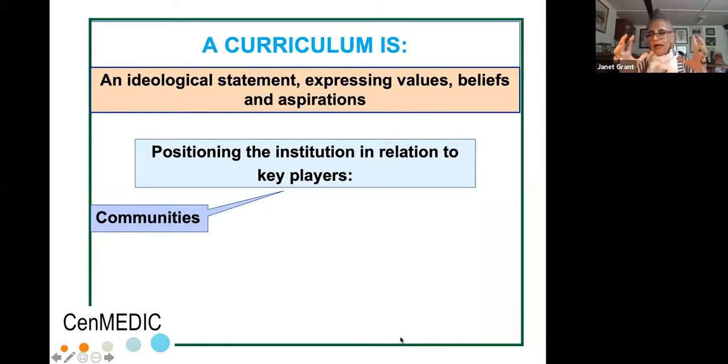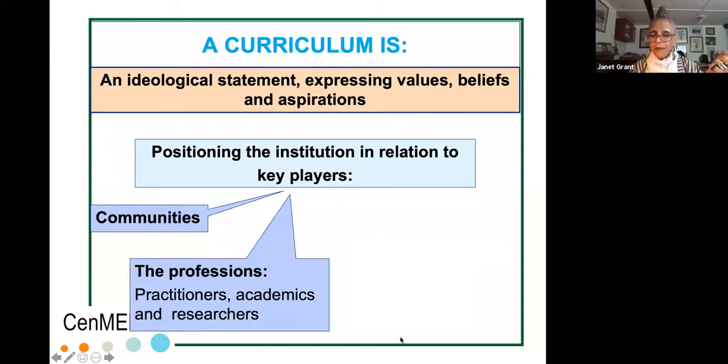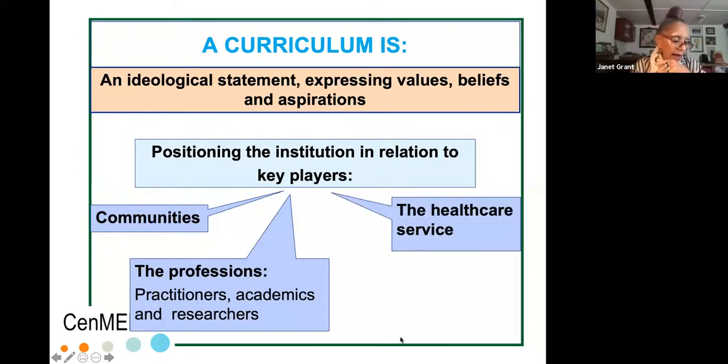Medical school curricula are enacted inside communities. Medical school curricula depend upon various professions to implement it: practitioners, academics, researchers, and other professions as well. And there is the healthcare service, which is fundamental to the enactment of a curriculum.